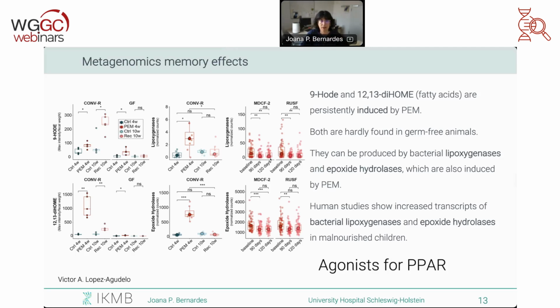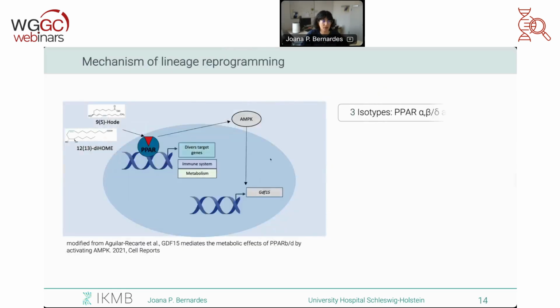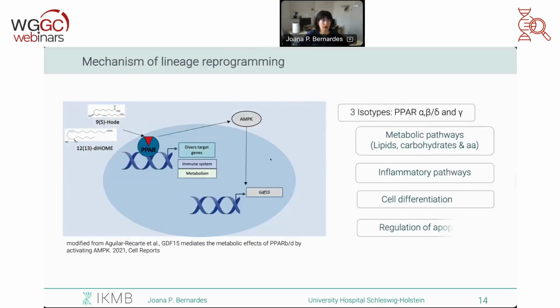So the cool thing about all of this is that 9-HODE and 12,13-diHOME actually affect a very particular transcription factor called PPAR. There are multiple different PPARs: alpha, beta, delta, and gamma.